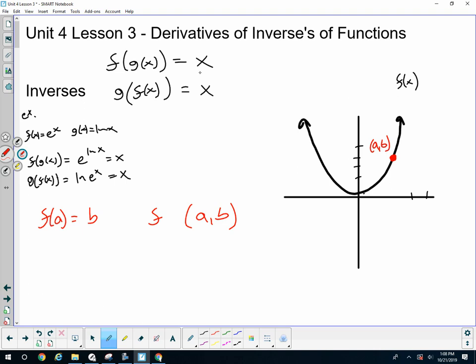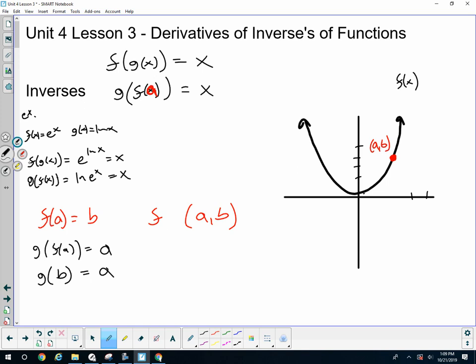Well, if I plugged in, say, a here, I have g of f of a. That means I'm going to have a outside of it. So I'm telling you f of a is b. Well, that means g of b has to equal a. Took f of a, replaced it with b. G of b has to equal a.